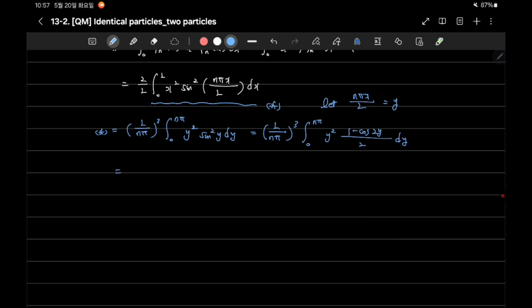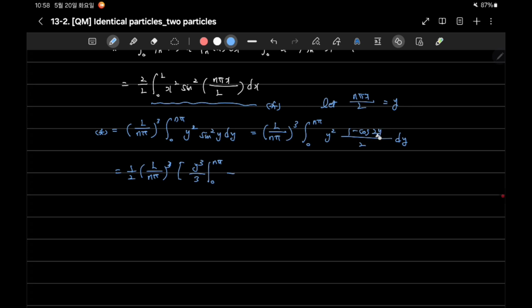So it is 1/2 times L over n pi to the cube. Then the integration of y squared, with the 1/2 coming from outside, is y cubed over 3 from 0 to n pi, minus the integral of y squared cosine 2y, which can be calculated by integration by parts.